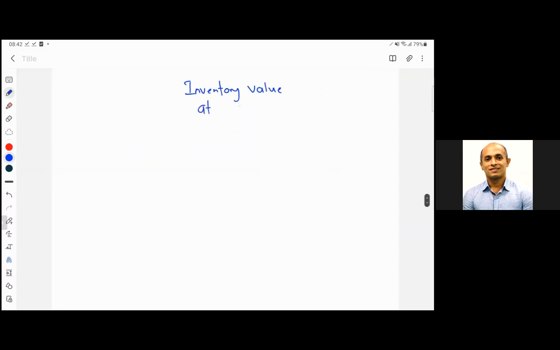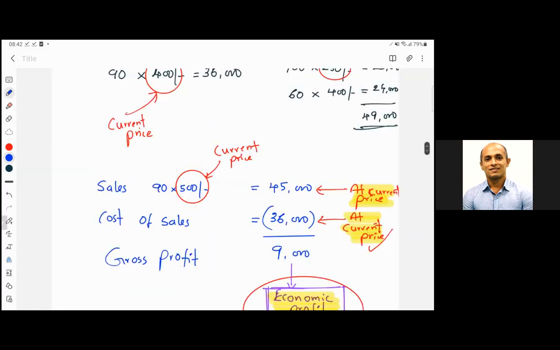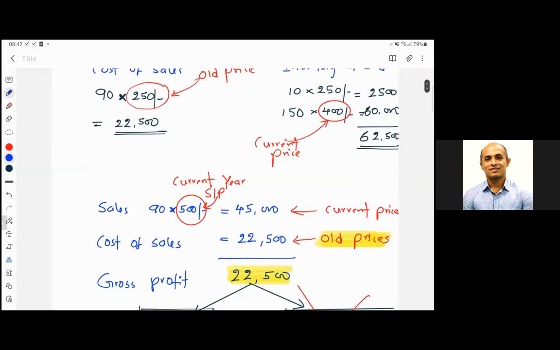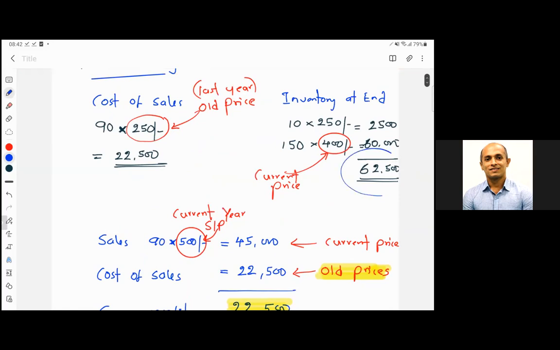Inventory value at the year end under FIFO costing. You see the inventory value we have calculated: 62,500. Now you see, a major part of this inventory is valued at current prices.